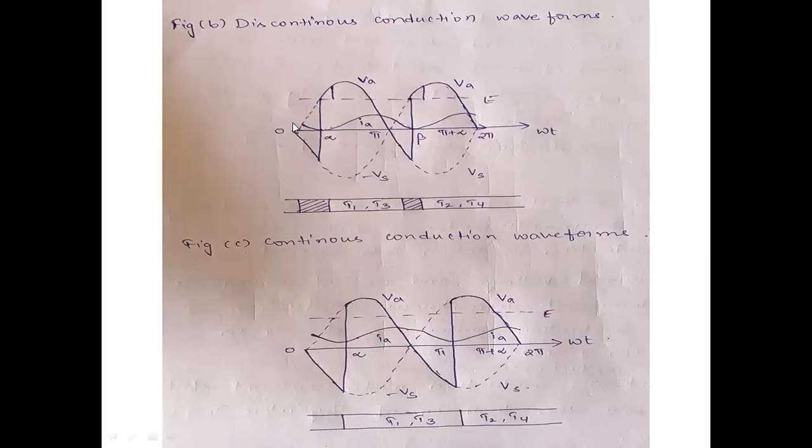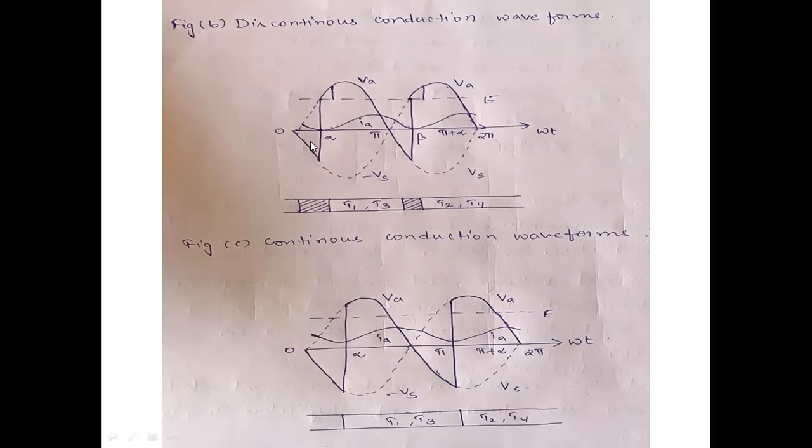Here the armature current IA is 0 at some times and reaches a peak, and again 0 and peak. At the time periods alpha and beta, IA is 0, so no current flows there, and at other times the peak current exists. This is termed discontinuous conduction.